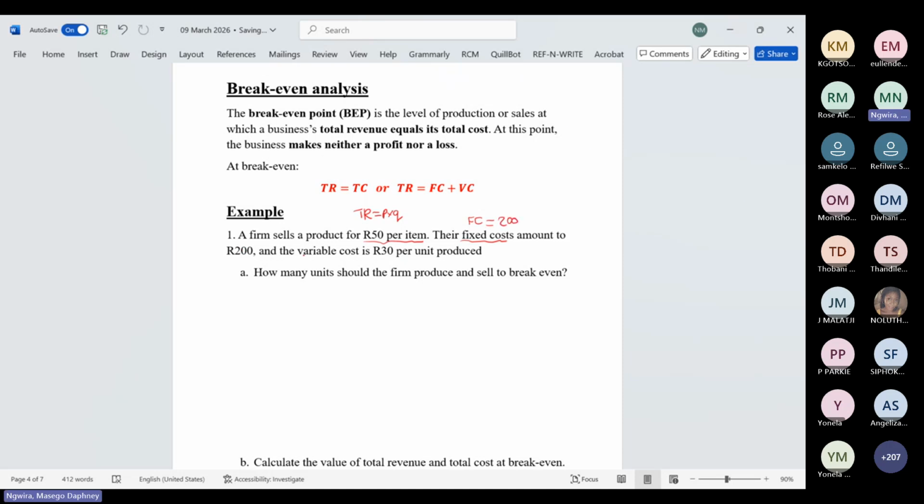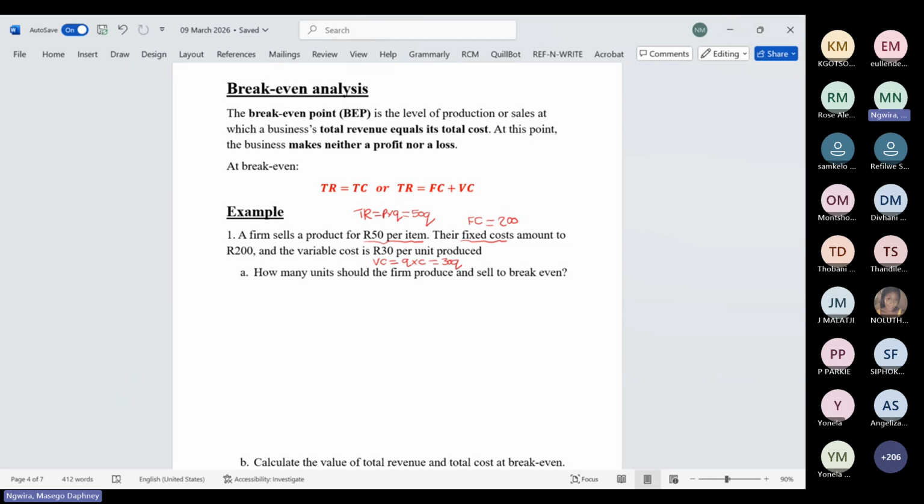The variable cost is 30 Rand per unit produced. This is our VC. VC equals Q times C, cost being 30 Rand, so this will be 30Q, and TR will be 50Q. Now the question: how many units should the firm produce and sell to break even?